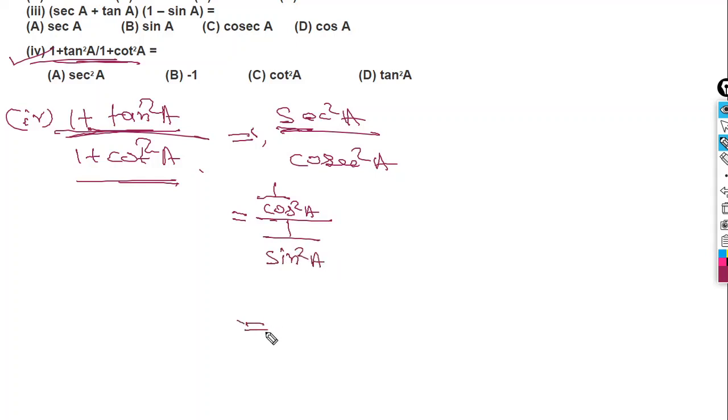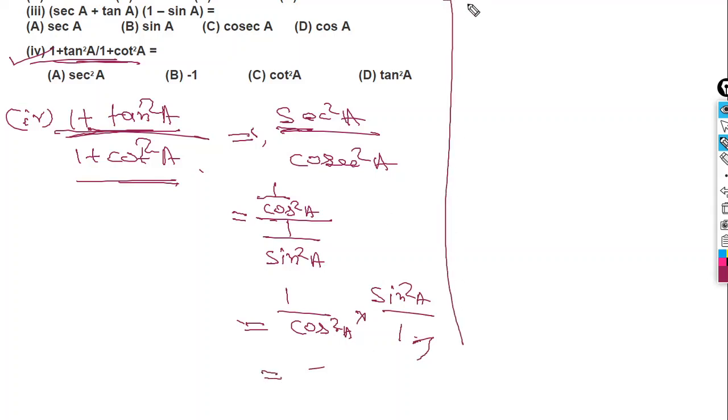Now it will be equal to 1 by cos square a into sin square a by 1. Okay? Then it will be equal to sin square a by cos square a, which is equal to dash, tan square a.